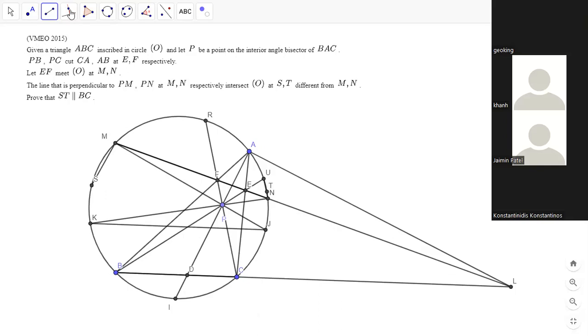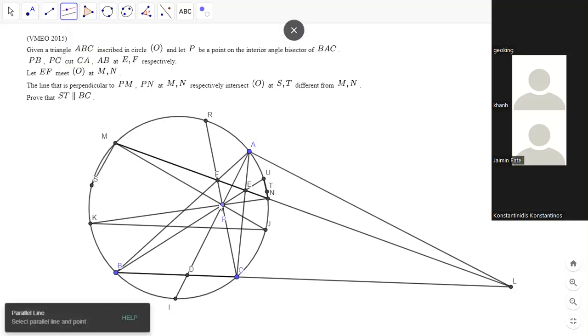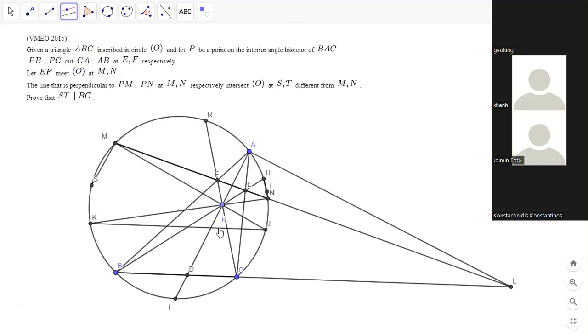So what if I draw the parallel through P to BC? Does that pass through any important point? It's hard to see anything.